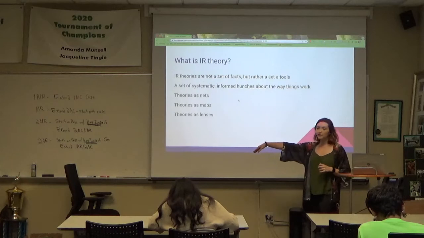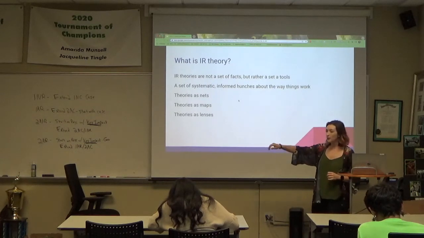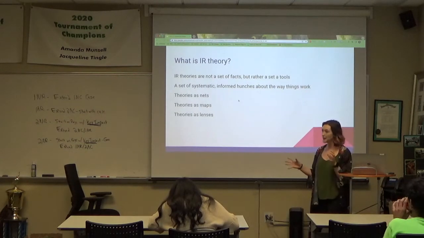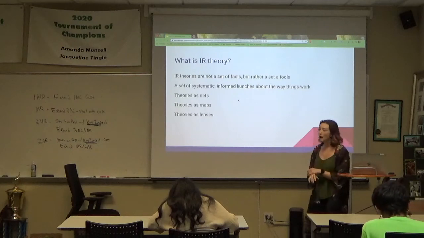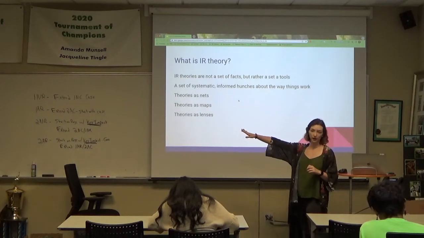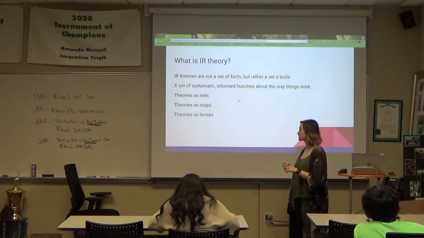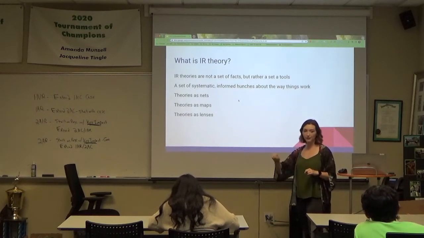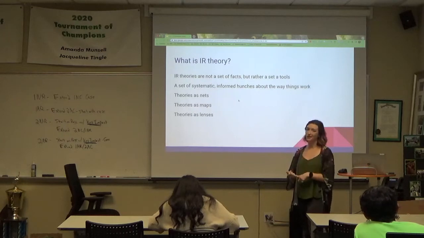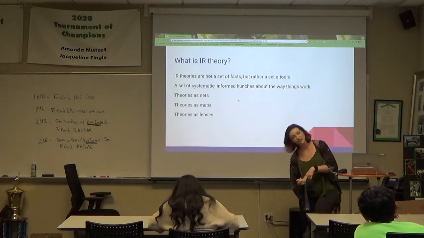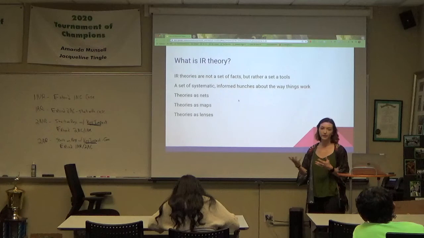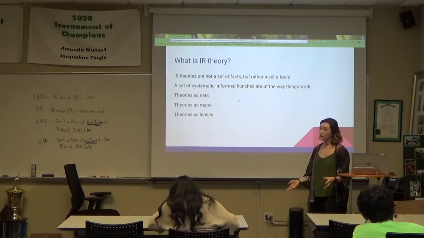And so there are three different ways to view theories. This is true of a lot of academic disciplines that exist in the middle, between the far interpretive humanities courses and the far objective science courses, with theories about how humans work. This applies to psychology, to communication studies, to international relations. So some people prefer to view theories as nets.